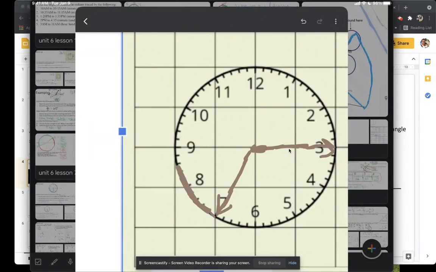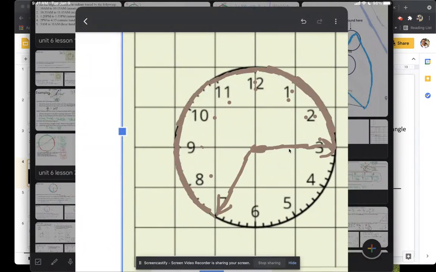We're looking for that whole angle right here. So we have to figure out how many spots that is. That's 1, 2, 3, 4, 5, 6, 7, 8 spots on the clock.